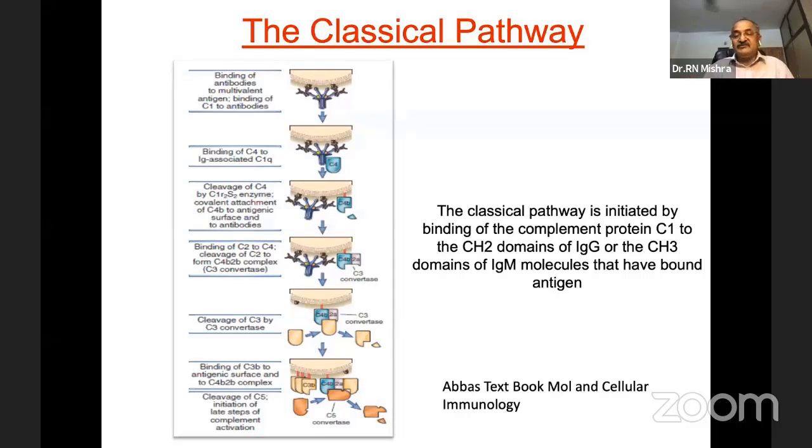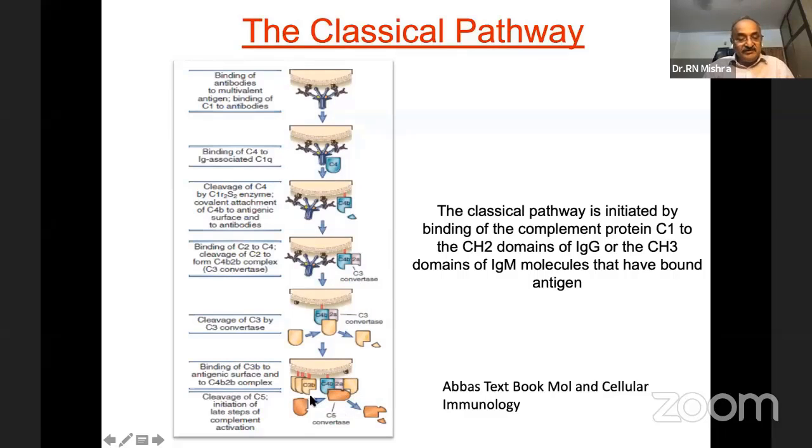C3 convertase is a pivotal enzyme for all the three pathways. The C3 convertase in the classical pathway is called C4b2a. It's a complex thing. Then the C3 convertase cleaves the C3 into C3a and C3b. The a is a small part, it goes away.